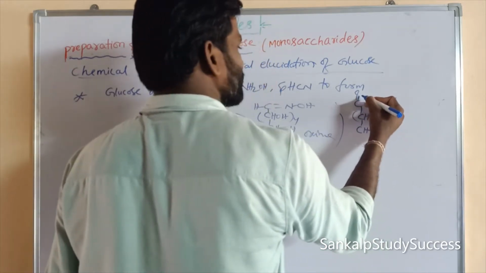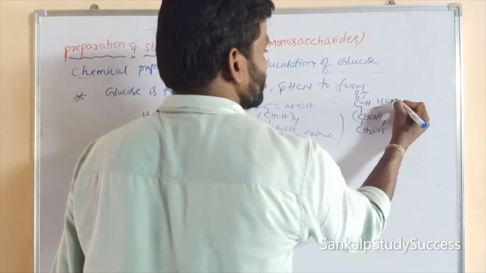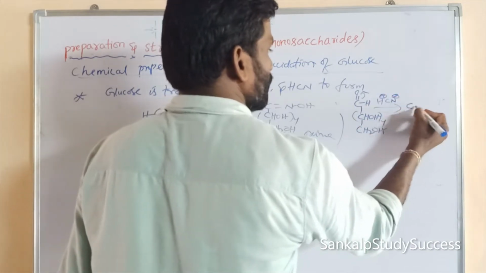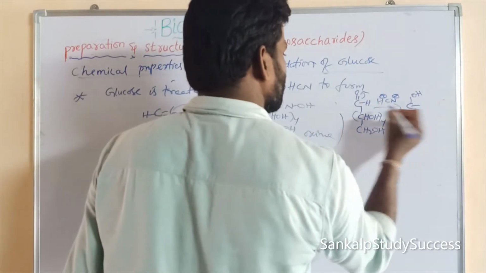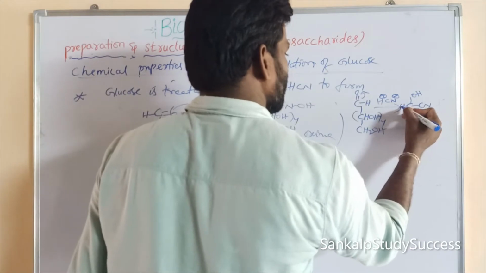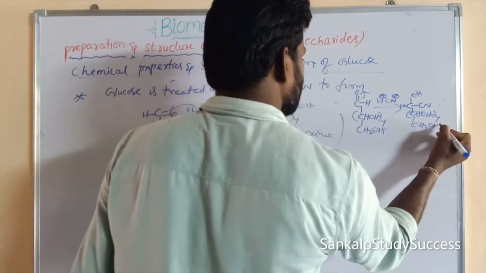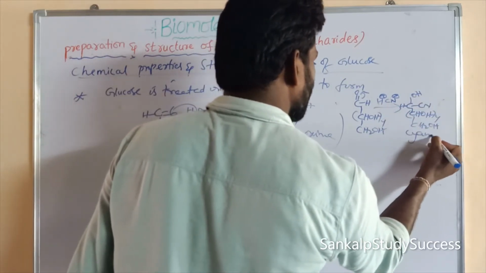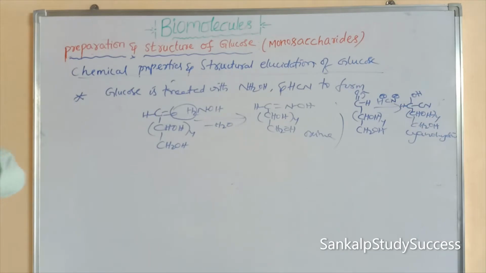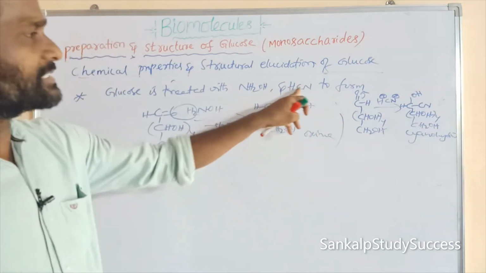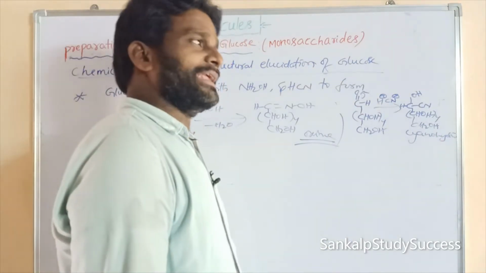So this double bond is shifted towards the electronegative atom O. HCN can be ionized to H plus and CN minus. So now O minus reacts with H, and C plus reacts with CN, (CHOH)4CH2OH. This compound is said to be cyanohydrin.